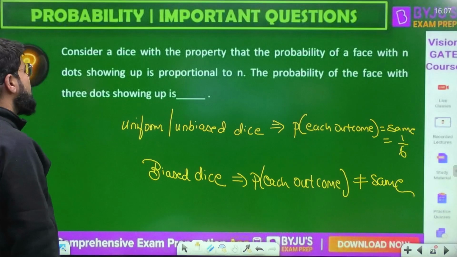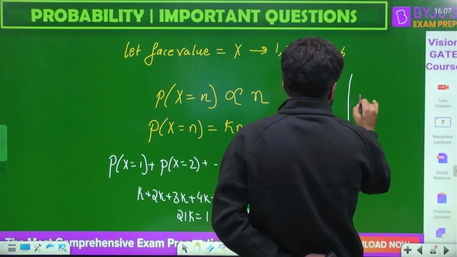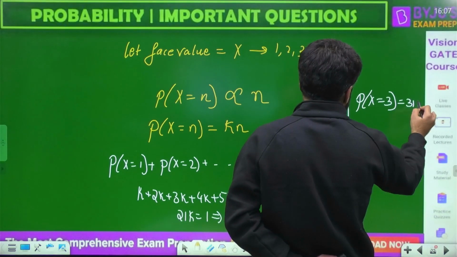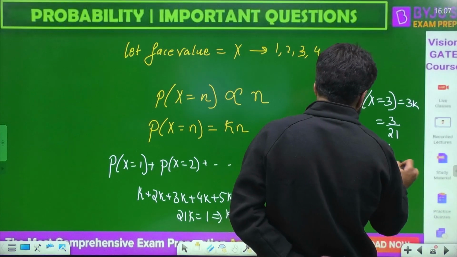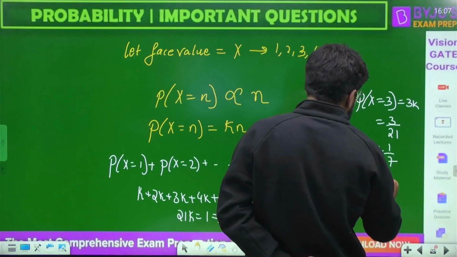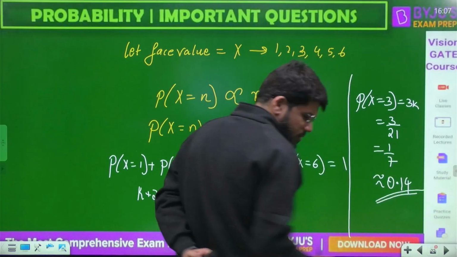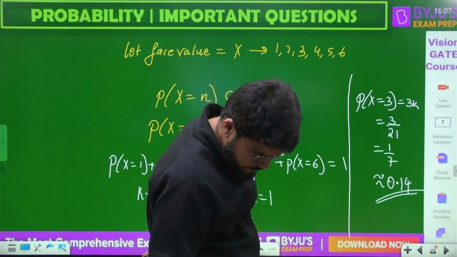Now, what did the question ask? The probability of the face with 3 dots showing up. The face value is 3, so that is 3k, which is 3 by 21. So the answer is 1 by 7. It is a numerical answer type, so 1 by 7 is approximately 0.14. Yes, it should be 0.14.